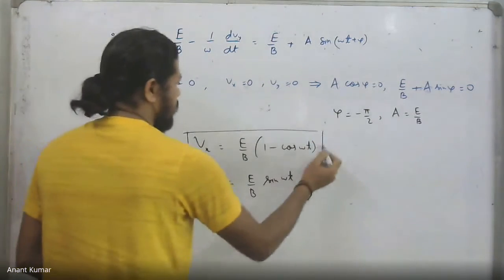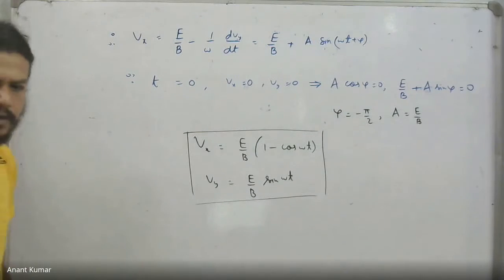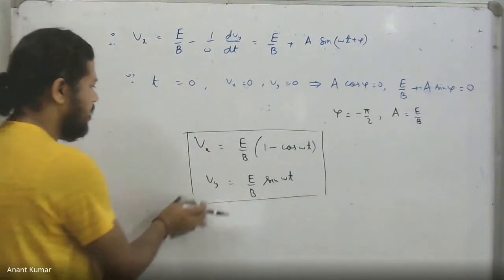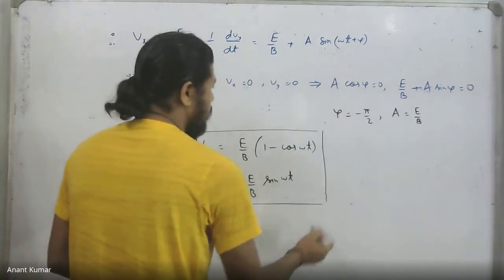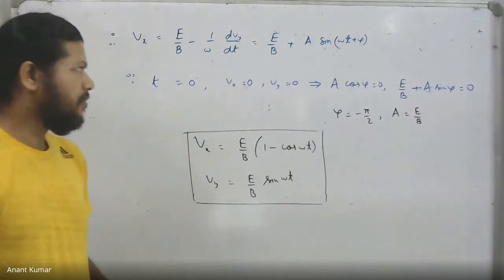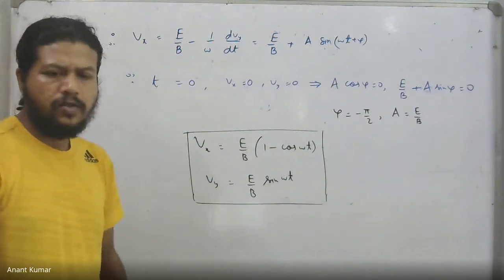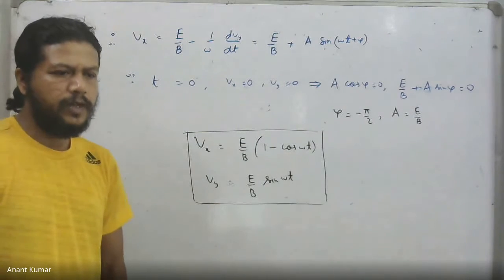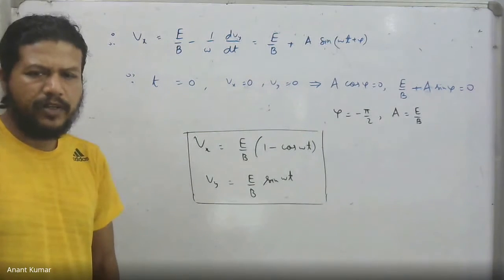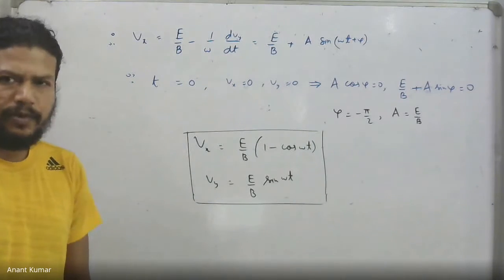Once you have got the velocities, which can quite obviously be used further. Phi, yes, Virendra, I said that I needed in this case A cos phi to be 0 and E by B plus A sin phi to be 0 as well. Now, because A is not 0, cos phi must be 0. If cos phi is 0, then I'll get phi to be an odd multiple of pi by 2. And normally, you just take either pi by 2 or minus pi by 2, close enough to 0.